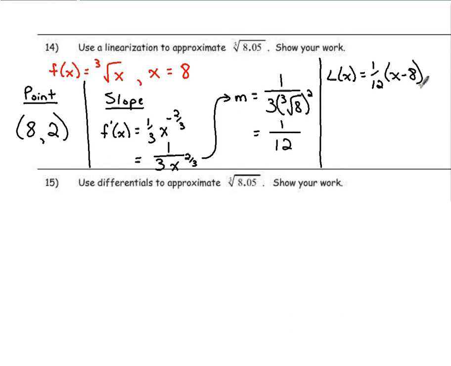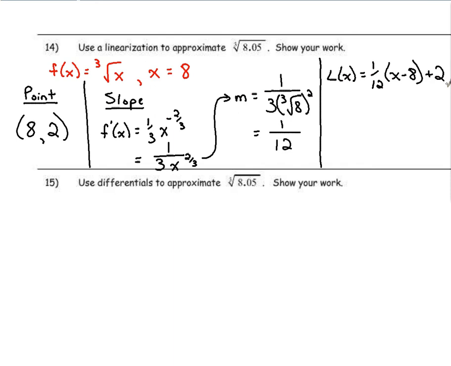Normally we have point slope form, where over on this side it'd be y minus our y value, which is 2. So if this is y minus 2, and we're solving for y to get L of x, we'd be adding 2 over. So there's my linearization function.